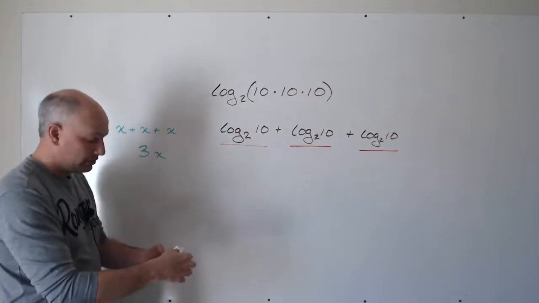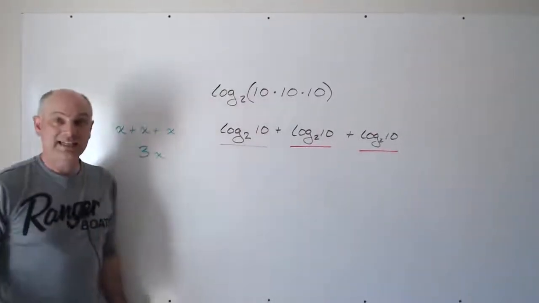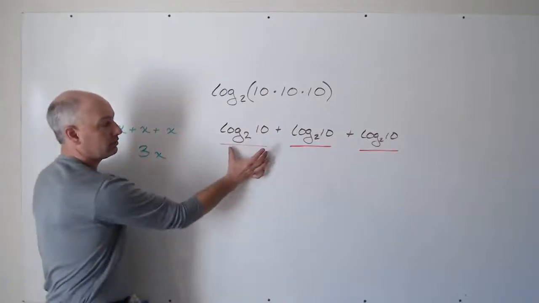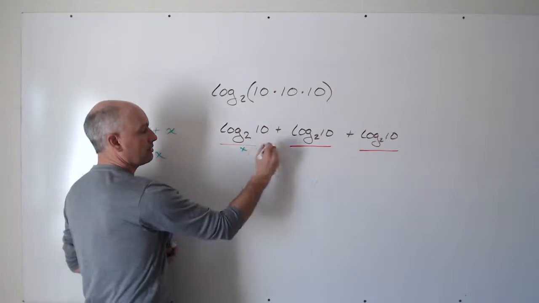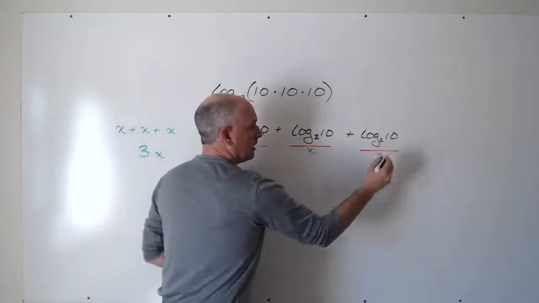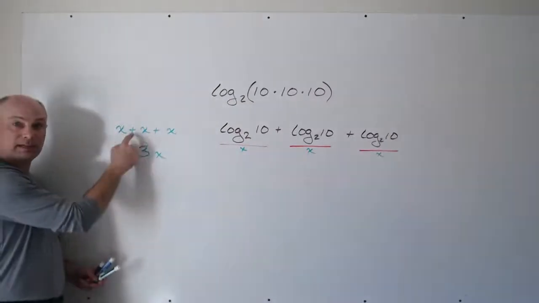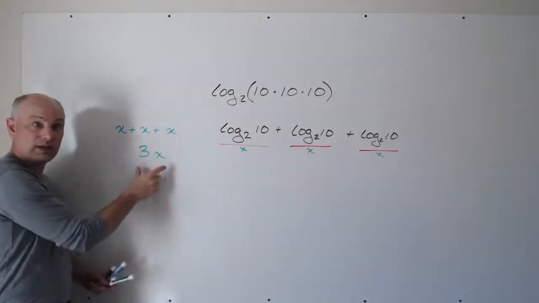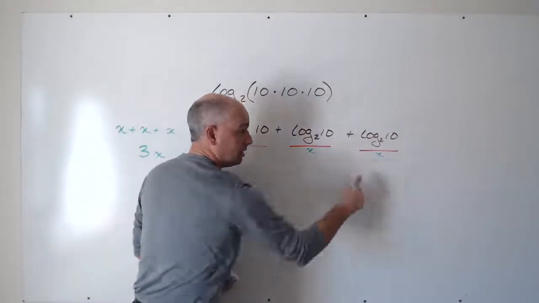So you'll notice here, what's acting like my x is the entire log base 2 of 10. So I can look at this and I can think, okay, I have 3 of those. Just like I said, x plus x could be set as 3x. Well, here's x plus x plus x.